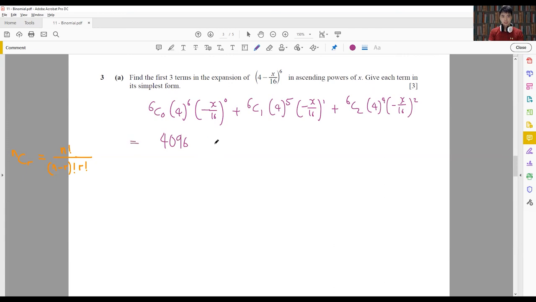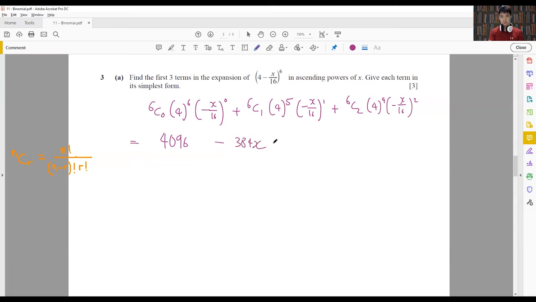Then this is actually plus 6c1 times 4 to the power of 5. You would have gotten, it's minus, and then divided by 16, you would have gotten 384x.